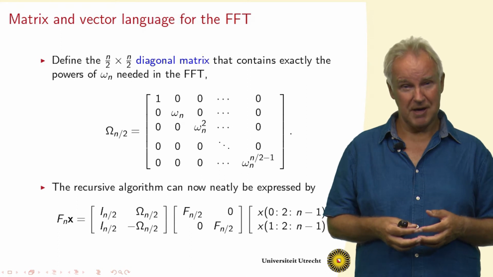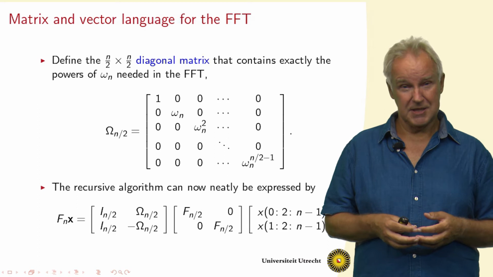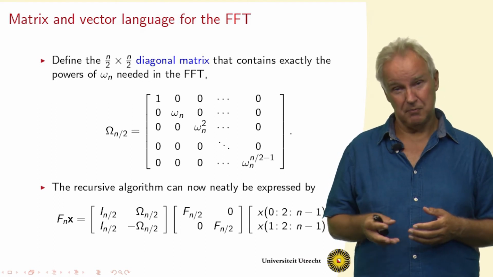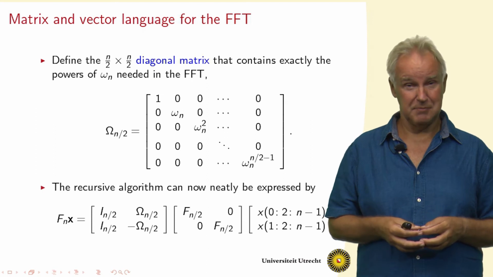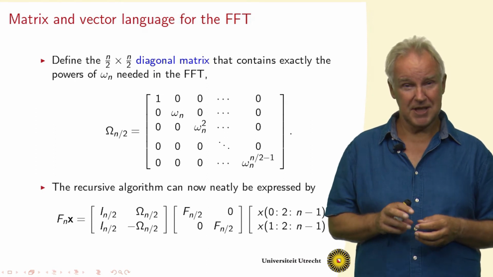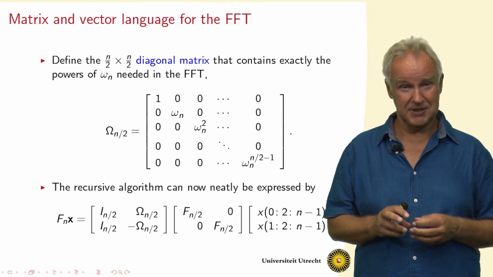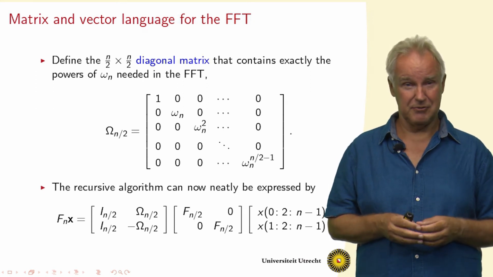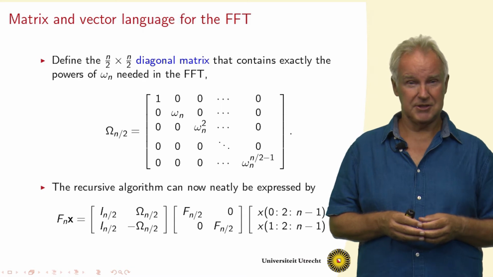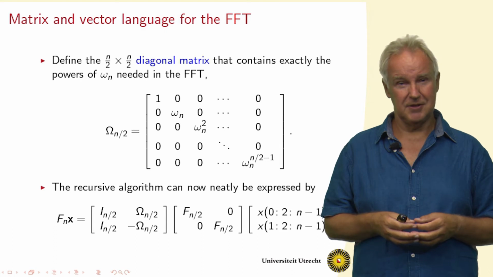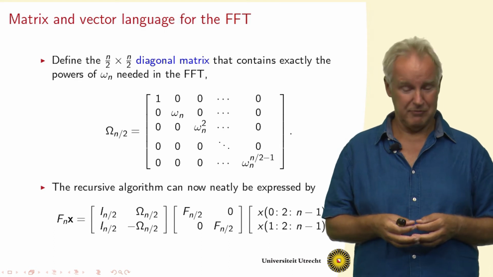And now if you think about it, multiplying this matrix with the vector, with the Fourier matrices in between, exactly picks out the addition and the subtraction that we have in our recursive algorithm. So this is a different way of writing the Fourier transform of a vector x.